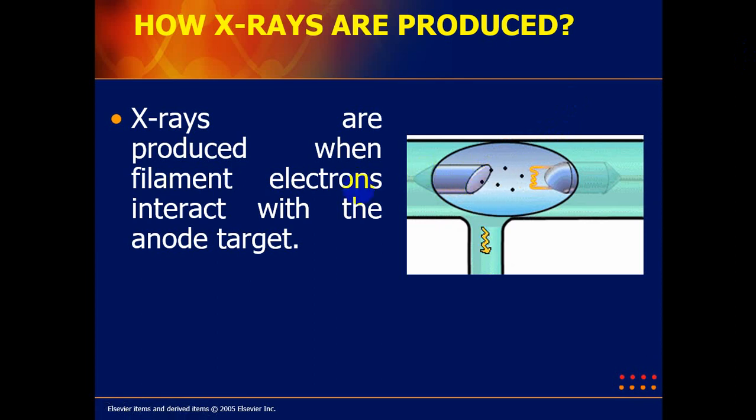Pwede siyang lumabas dito, dito, dito, dito, dito, right, left, kahit saan. Pero, ang lalabas dito sa window is the useful beam that will create the image. That will enter the patient and it will create the image. So that is how the X-rays are produced.